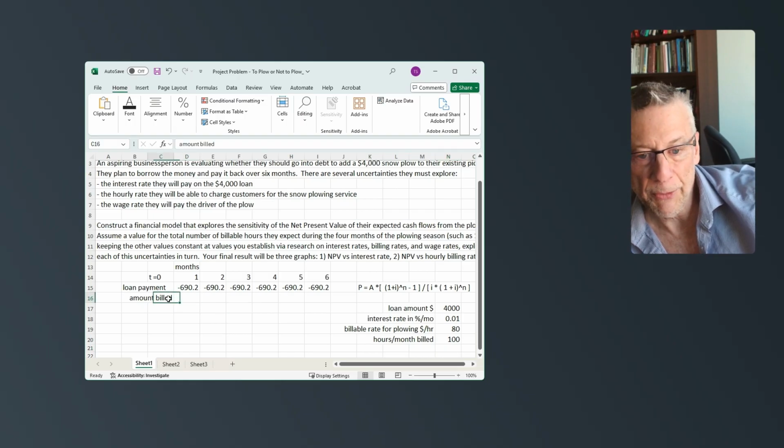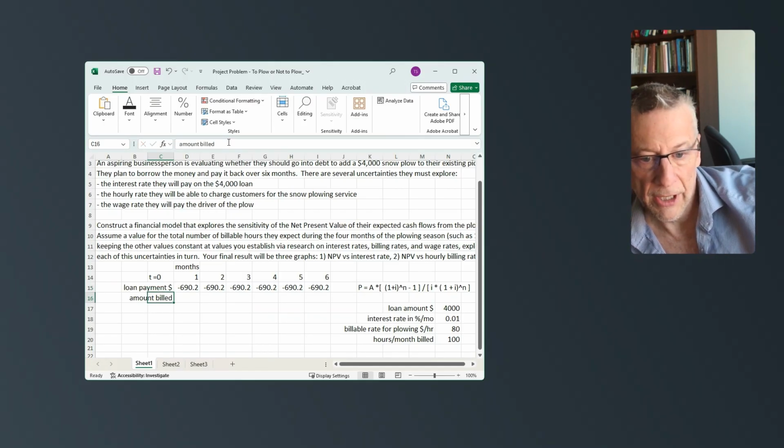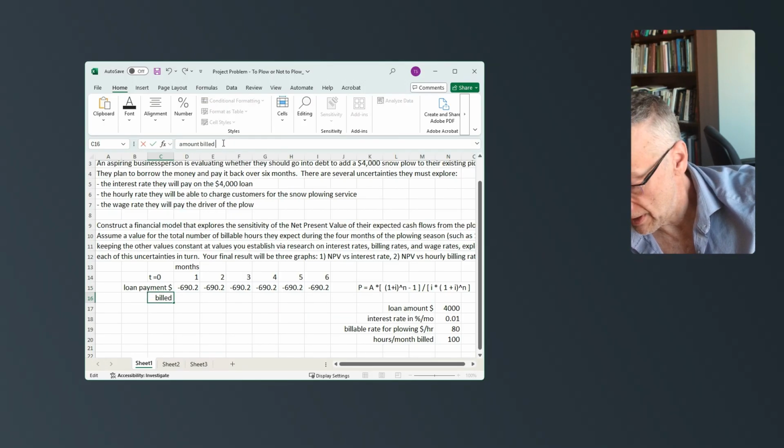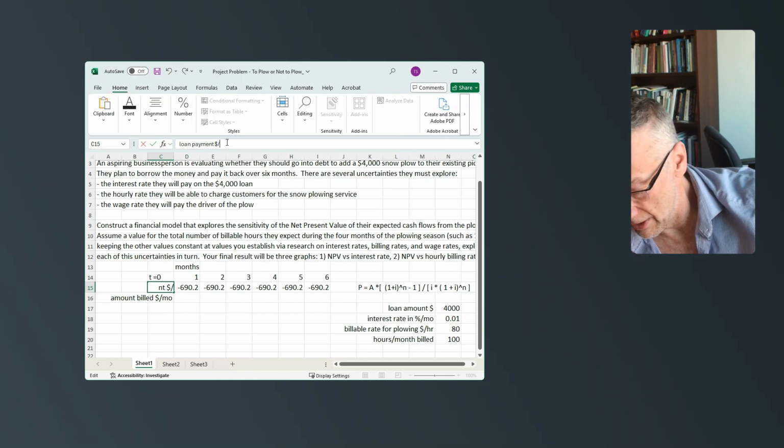The amount billed, going to keep track of some units here. Loan payment is in dollars. Amount billed, both of these actually in dollars per month.